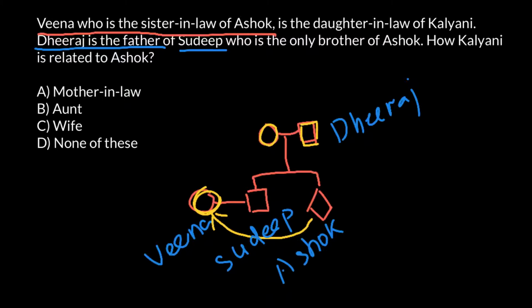Now we can say for sure that Kalani would be this person, because from the previous sentence we know that Kalani has to be one of the parents, but we didn't know whether Kalani was the father-in-law of Veena or the mother-in-law of Veena. Now we know that Kalani is the mother-in-law of Veena, and Veena is a daughter-in-law of Kalani. So we put Kalani here.